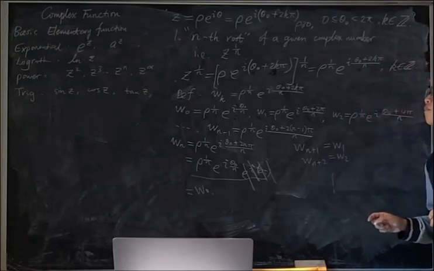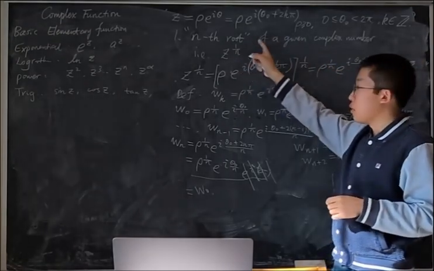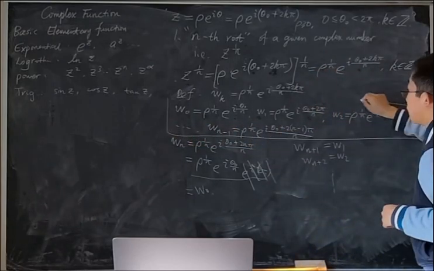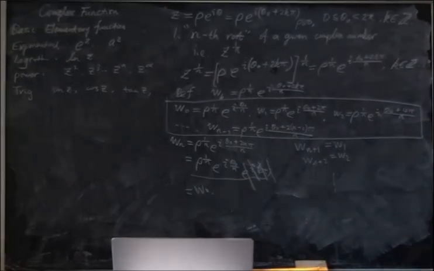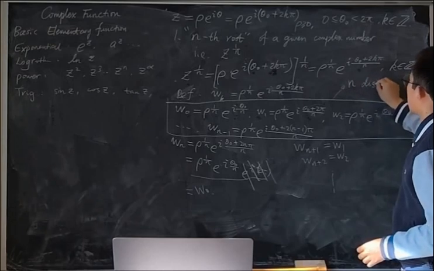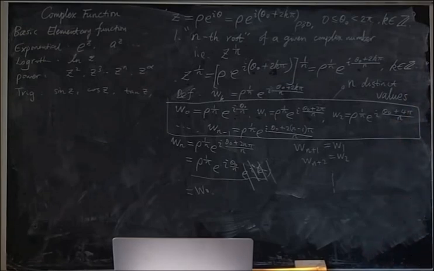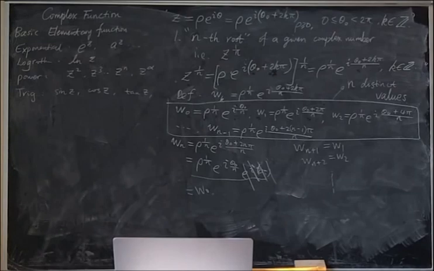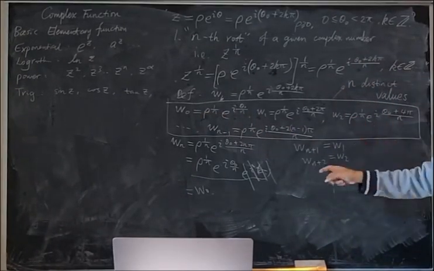That is to say, if we calculate z to the power of 1 over n, we are going to get this many values. The value is not unique. So we have n distinct values. From w n all the way up, we just get back to these values from the argument I just provided.